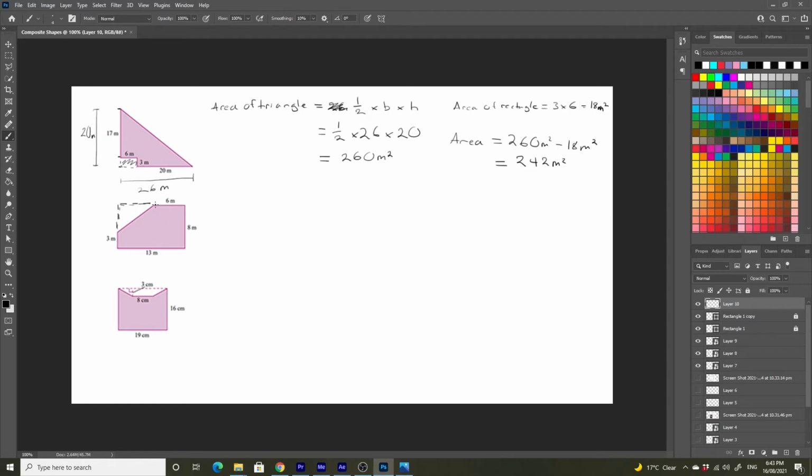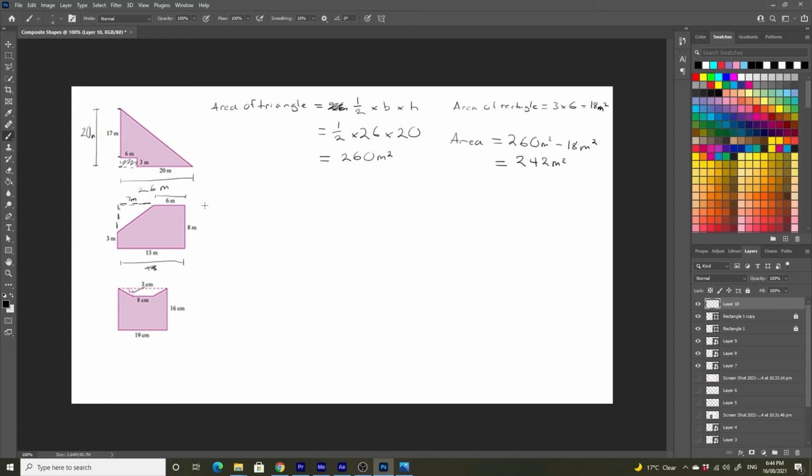So we know that this distance here to here is 6 meters. And we know that the total distance along is actually 13 meters. So this distance here is going to be 13 meters minus 6 meters, which is going to be 7 meters.